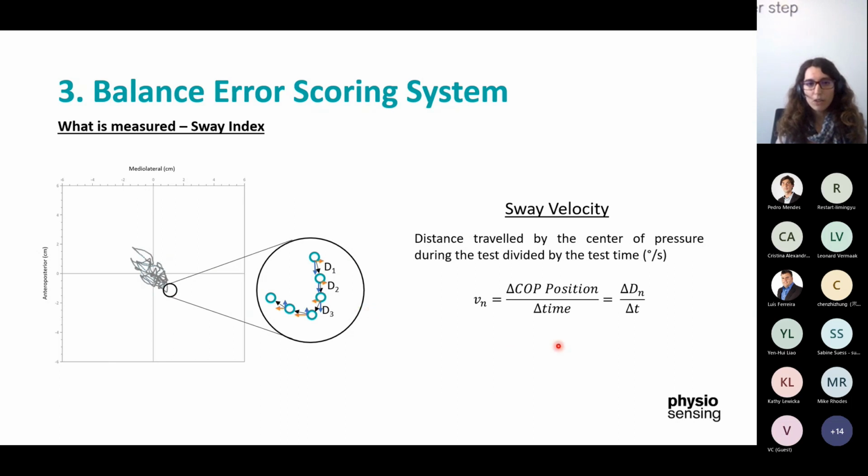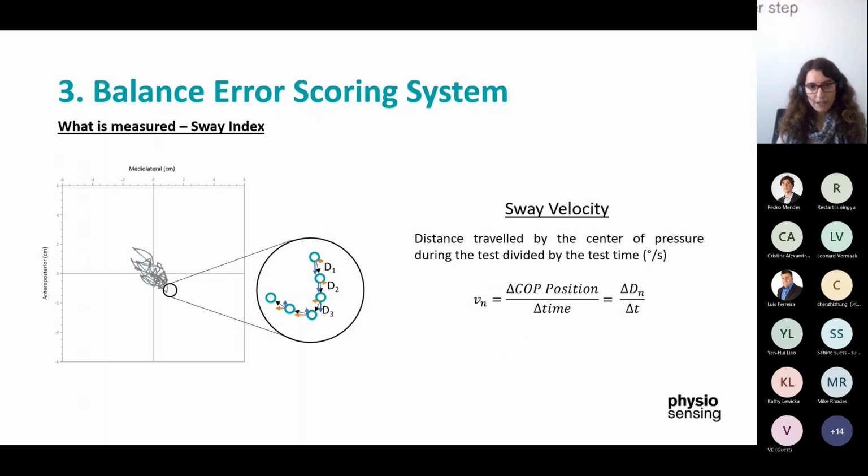By knowing this, and by knowing the time between each acquisition, in our case 100 Hertz, we can get the first derivative of position. So in other words, how fast the position of the center of pressure moves. The value that we present in our report is the mean value of the entire sample.